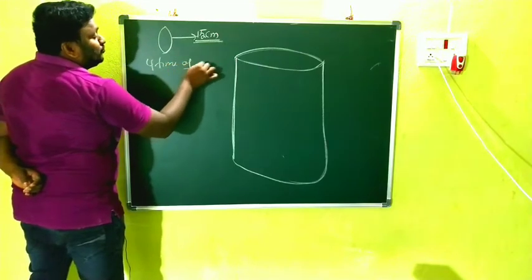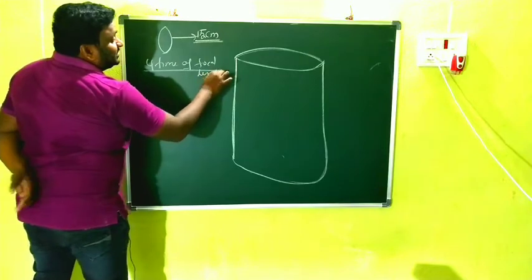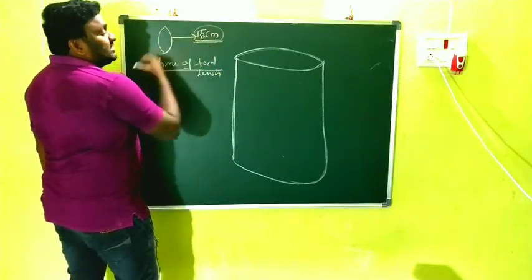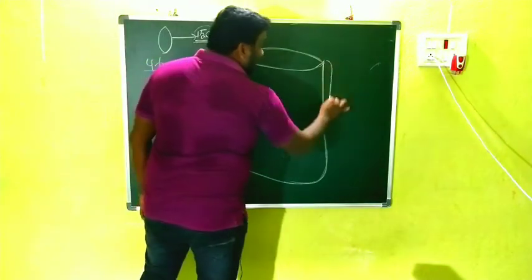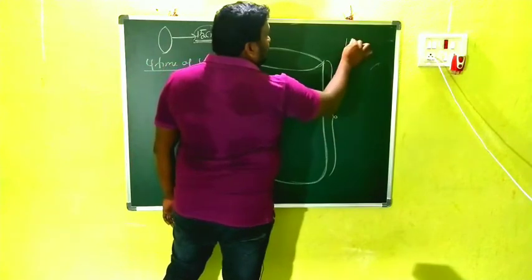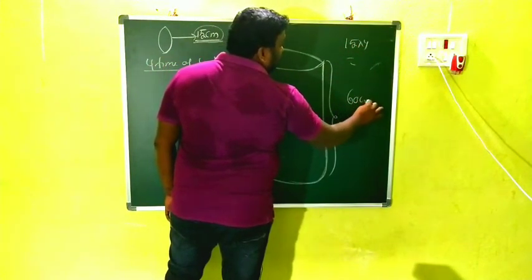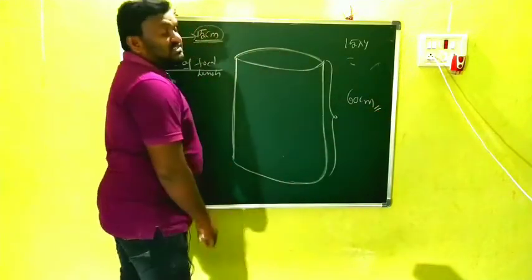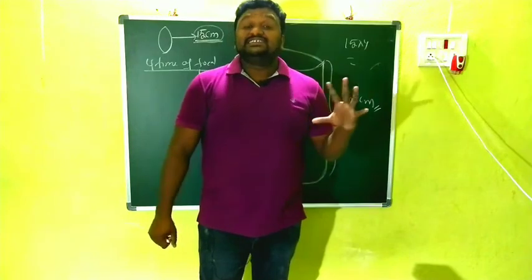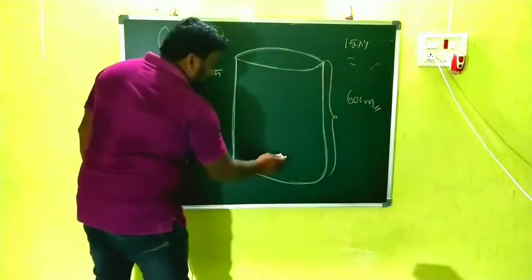Already we know the focal length is 15 centimeters, so the height of that vessel should be 15 into 4, which is nearly or equal to 60 centimeters. 60 centimeters of length. Clear?